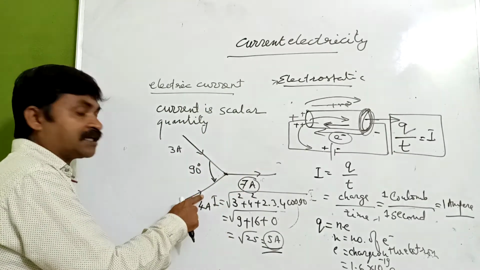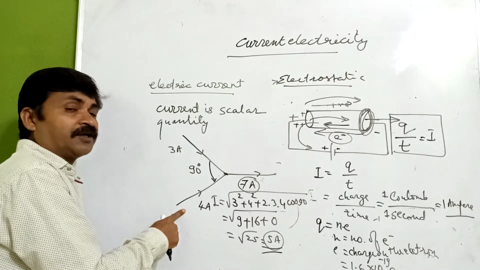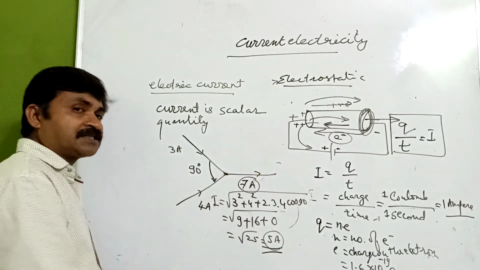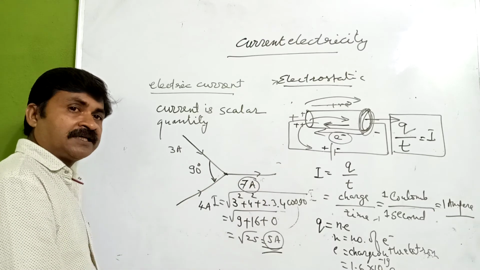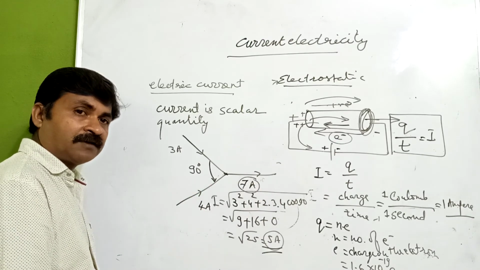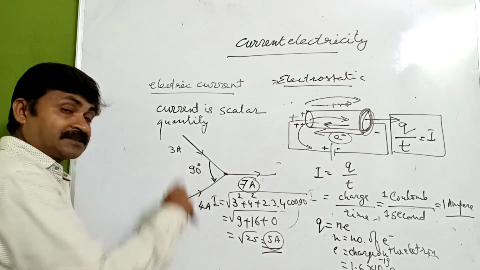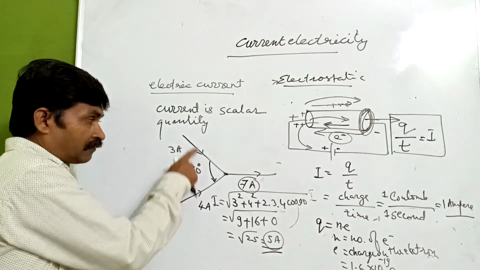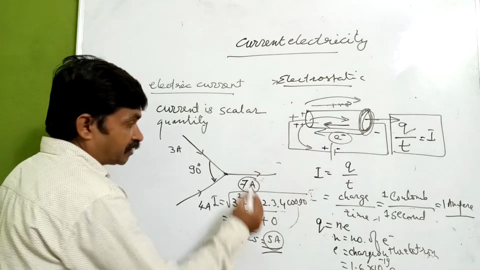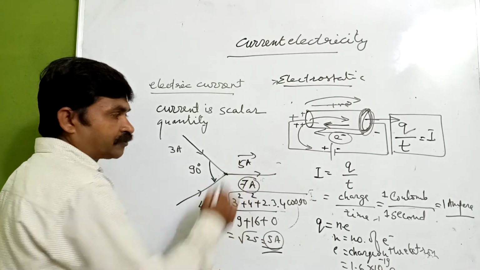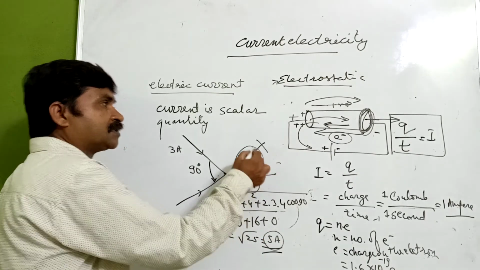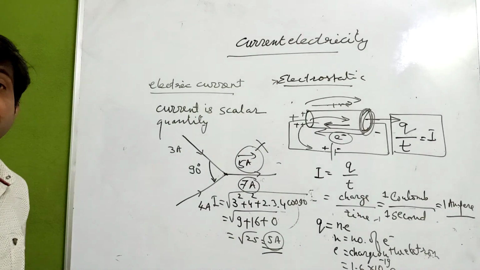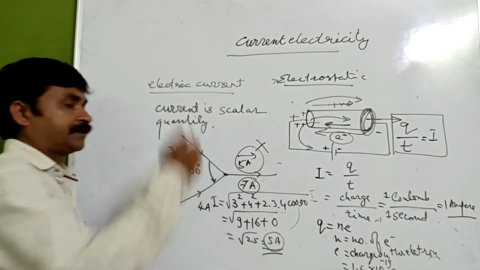These two are the incoming currents, so 3 plus 4 gives 7, and the outgoing is 7. So the algebraic sum of all the currents meeting at the junction is equal to 0. If it were a vector, there must be a 5 ampere current flowing through it, but it is not following this. This means current is a scalar quantity, not a vector quantity.